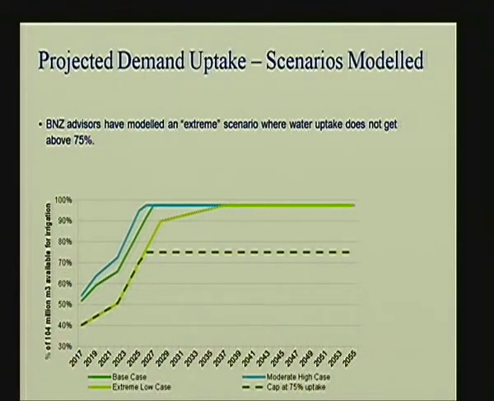But effectively what that's saying is if you've really got it wrong and you didn't get demand right and you never got there, this might be what the chart looks like. And this is just a sensitivity, but it basically says, look, 25% of the volume that you've built never gets taken up. So effectively you've oversized your dam by 25% and you're not able to sell that remaining portion.